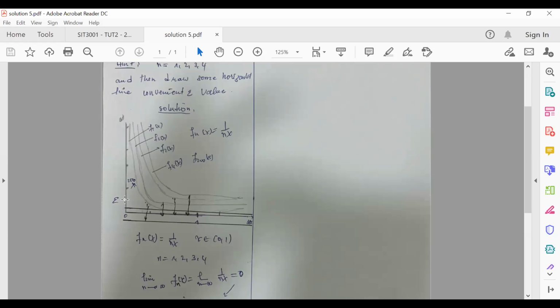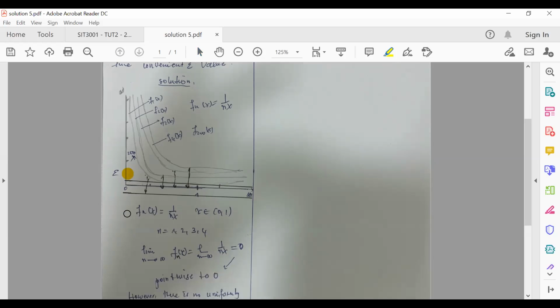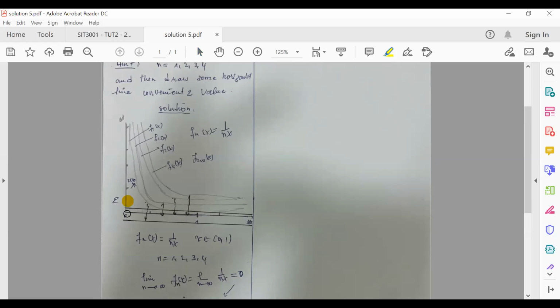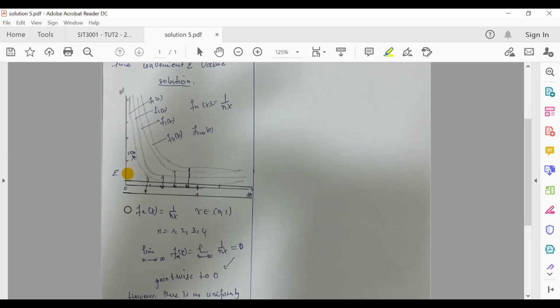That means for those values of x that are close to 0, you'll find that the function values escape epsilon already. That's the whole point, because they cannot stay within epsilon for whatever values of x when n tends to infinity. So if you push the epsilon line a bit higher, that may be easier to see.